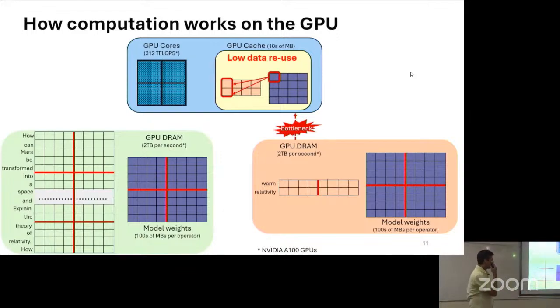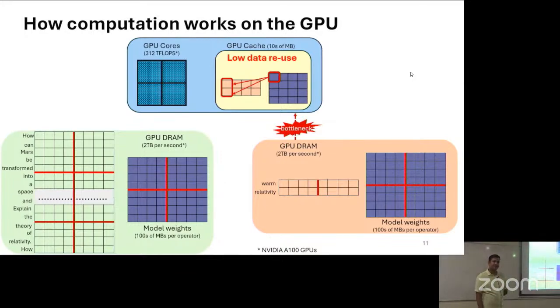The primary difference is that this picture is showing FFN computation, the feed forward network, where you have model weights that you multiply with the input. In attention, there are no model weights. During attention, the computation is between the token embedding and the KV cache of that request. So different requests do not share anything.